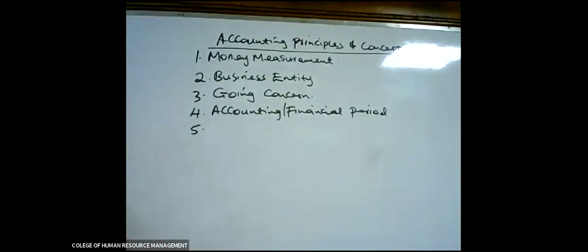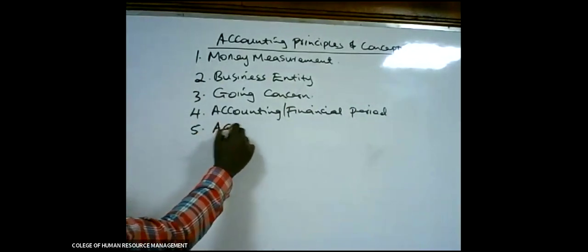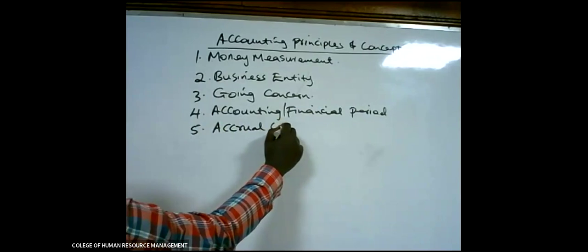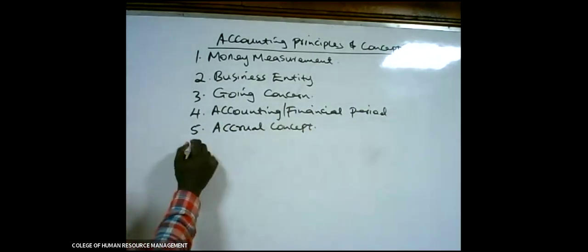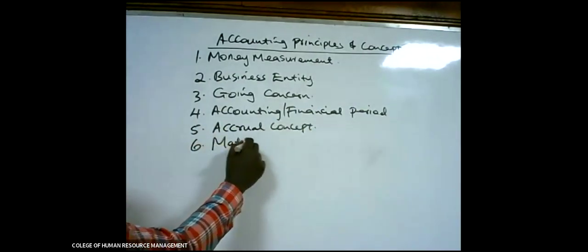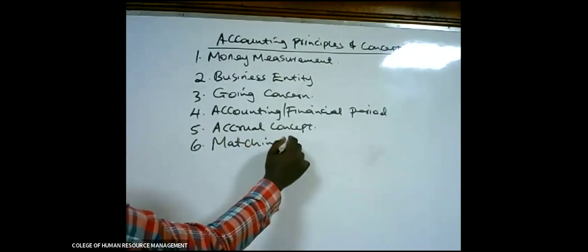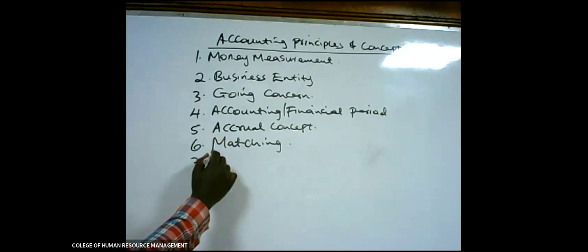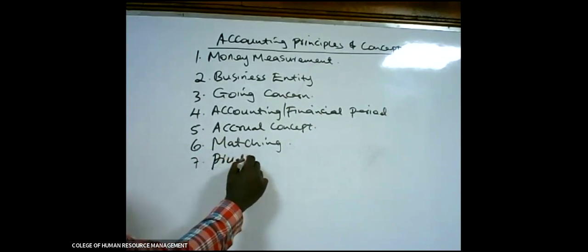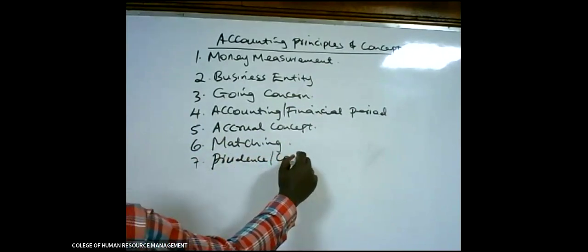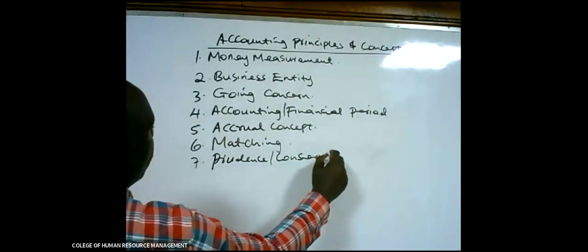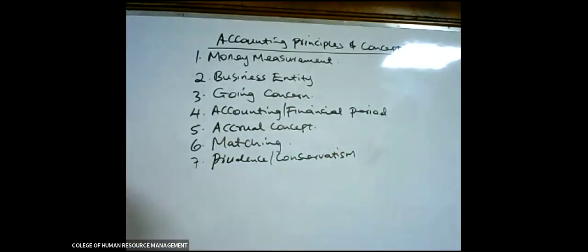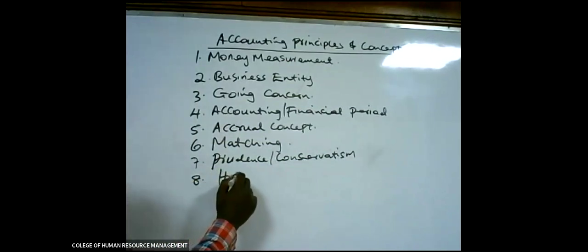Number 5 is the accrual concept. Number 6 is what we call the matching concept. Number 7 is about prudence, or conservatism. Number 8, the historical cost.